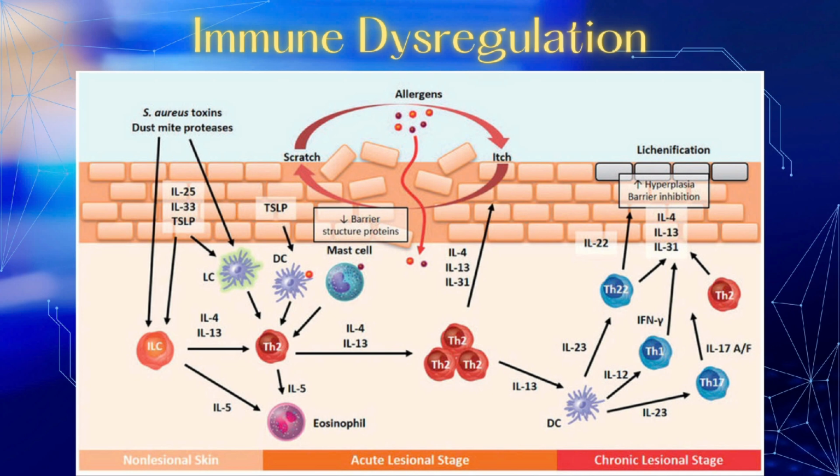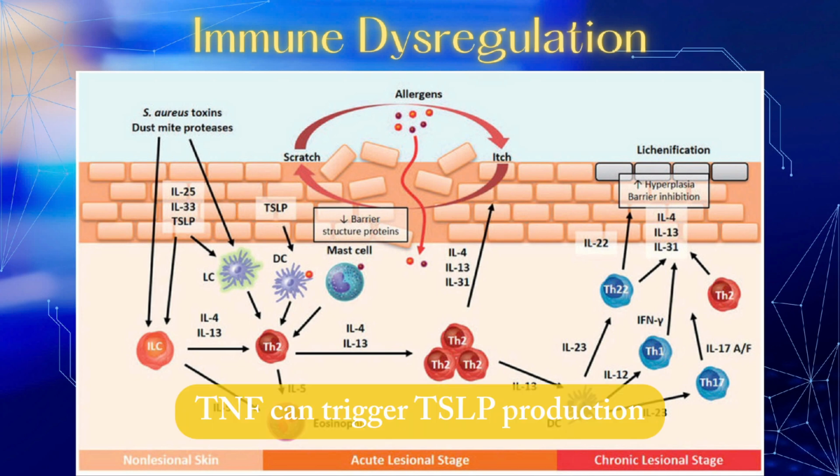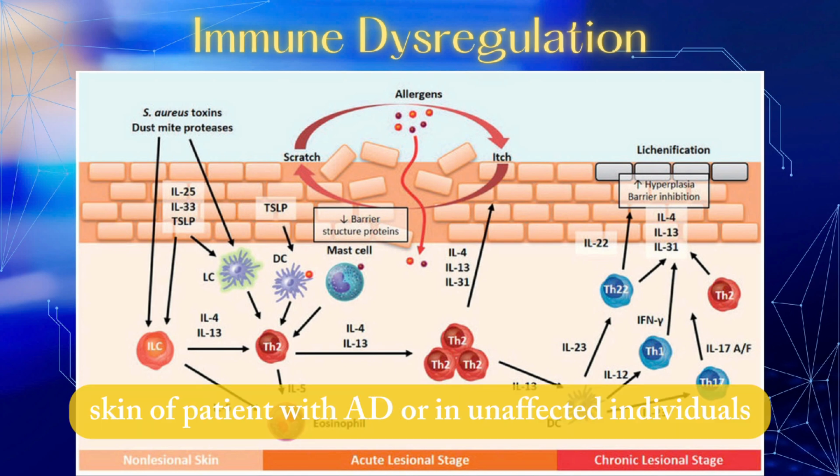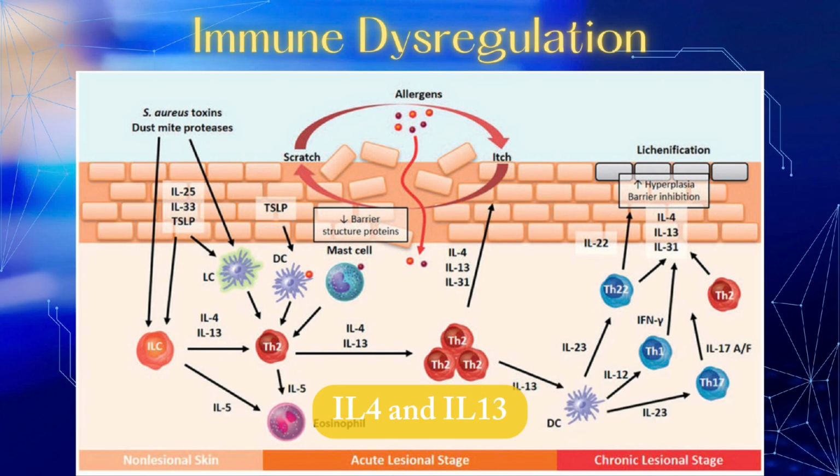Interleukin-1 beta and TNF can trigger TSLP production by keratinocytes, fibroblasts, and mast cells. TSLP is highly expressed in acute and chronic lesions of AD, but not in non-lesional skin of patients with AD or in unaffected individuals.